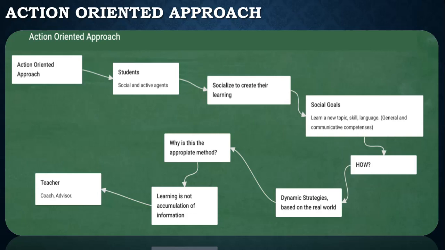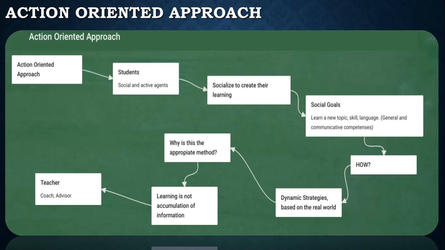They're gonna also develop general and communicative competences. But how? Okay, they are gonna learn socializing, but in dynamic strategies based on the real world. That means based on real situations.